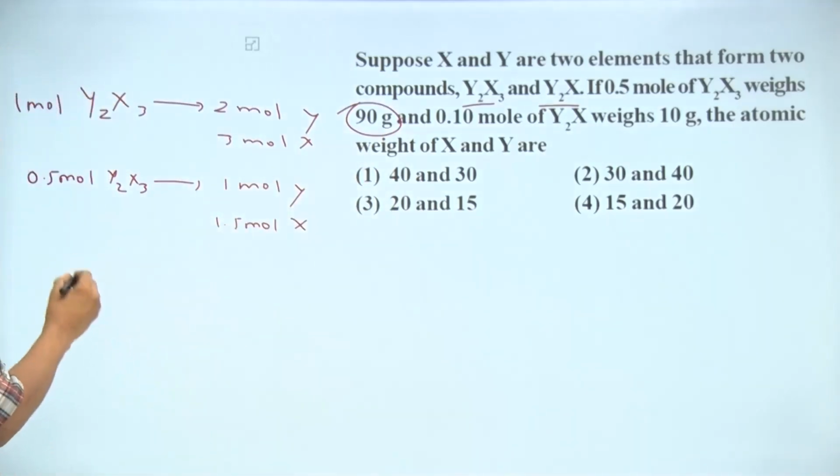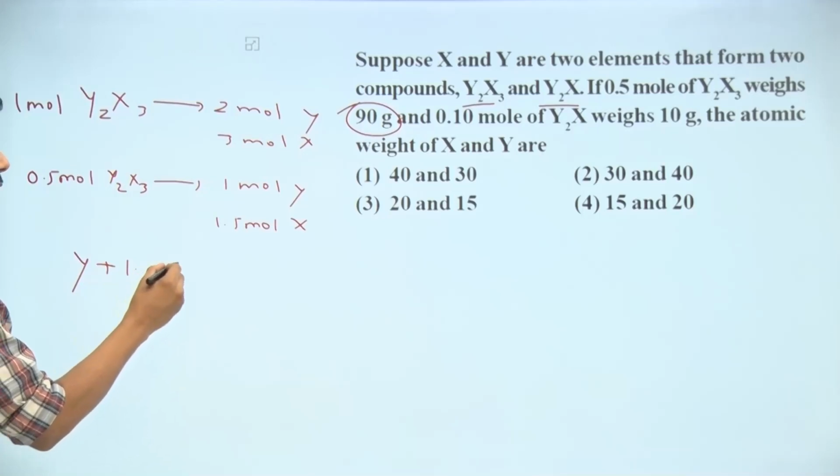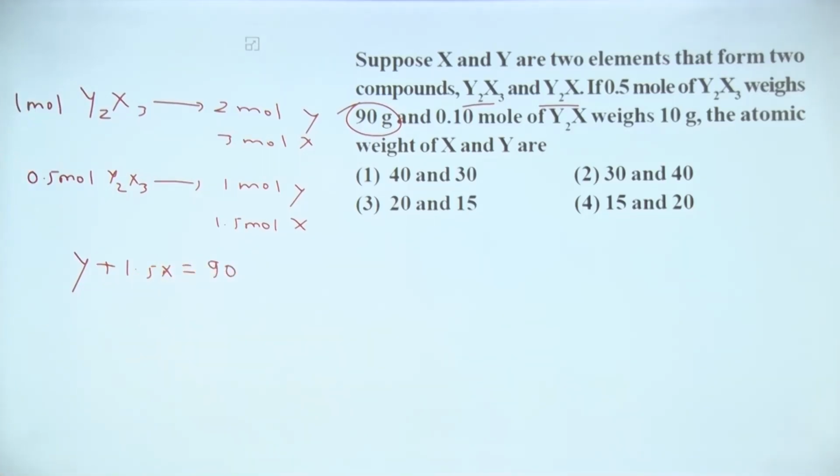So 1 mole of Y plus 1.5 moles of X weighs 90 grams.